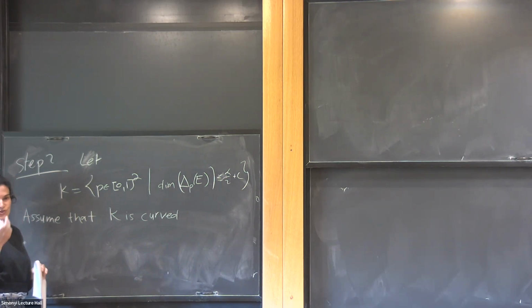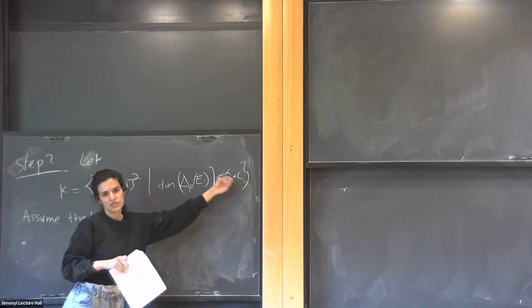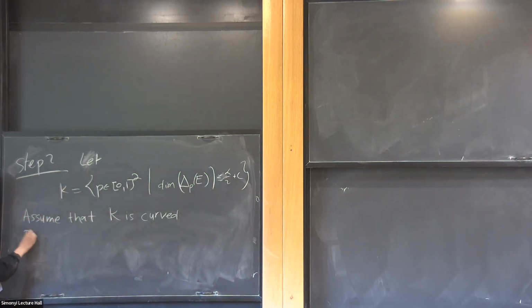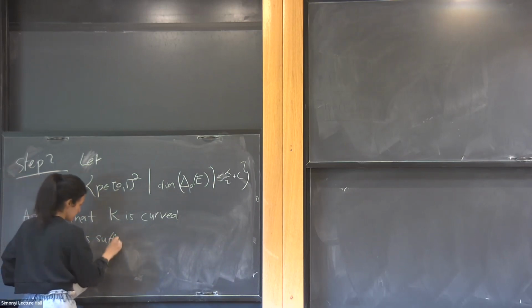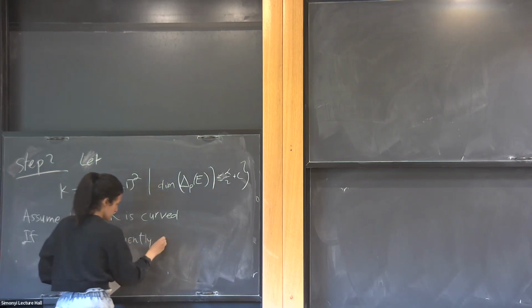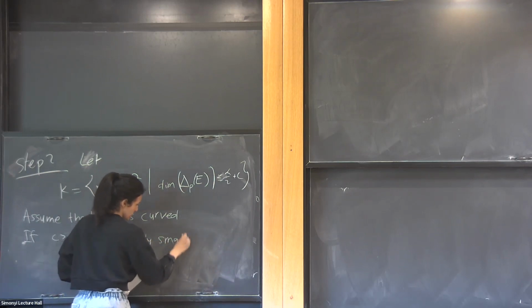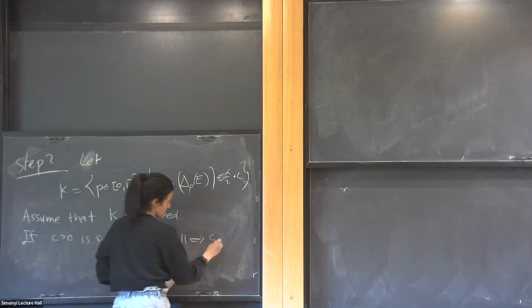And then we're going to show a contradiction if C is sufficiently small. So if C is sufficiently small, it yields a contradiction.